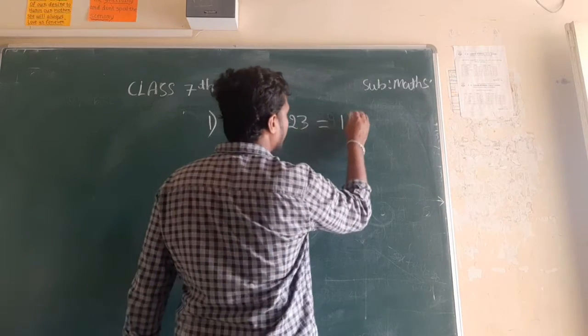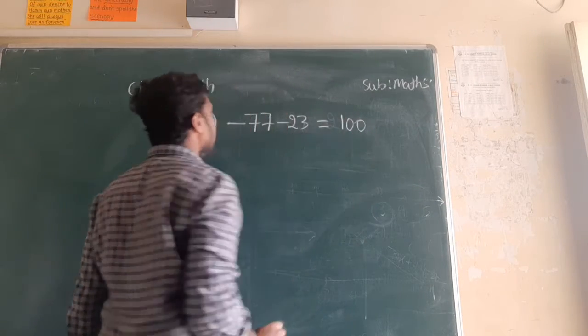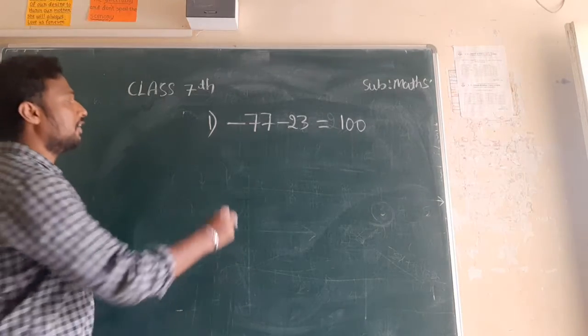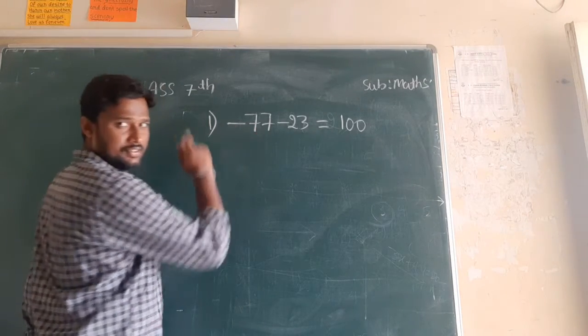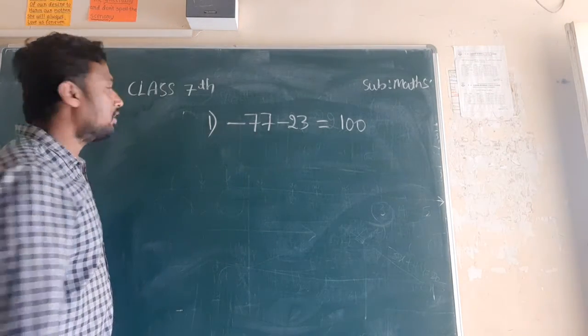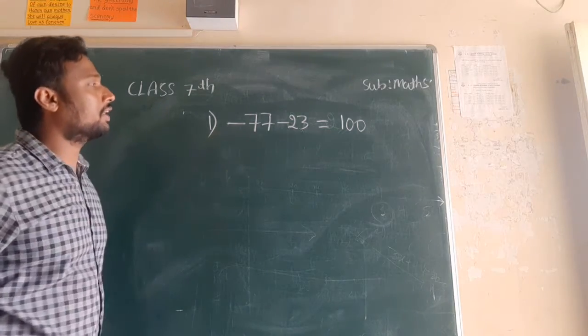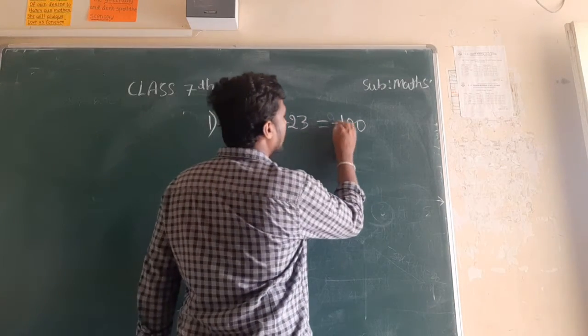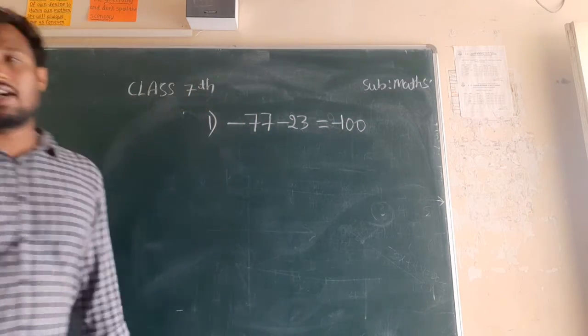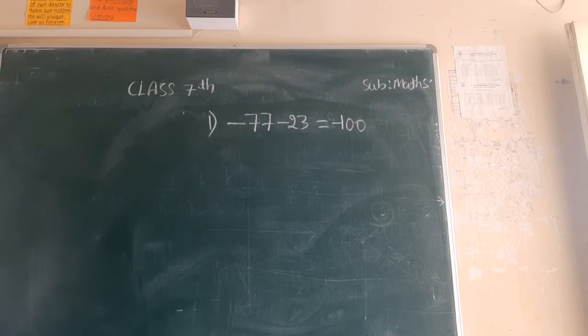So here I will write 100, and the sign in front of bigger value, which is the bigger value here? 77. And in front of this 77 what we have? Minus. So here also I will consider minus only. So the answer is minus 100.